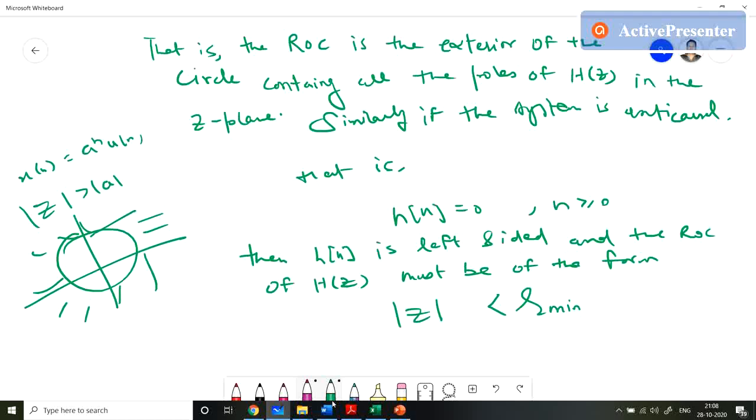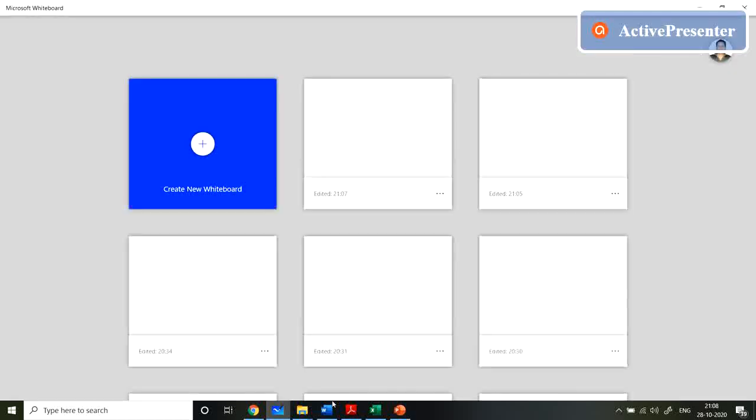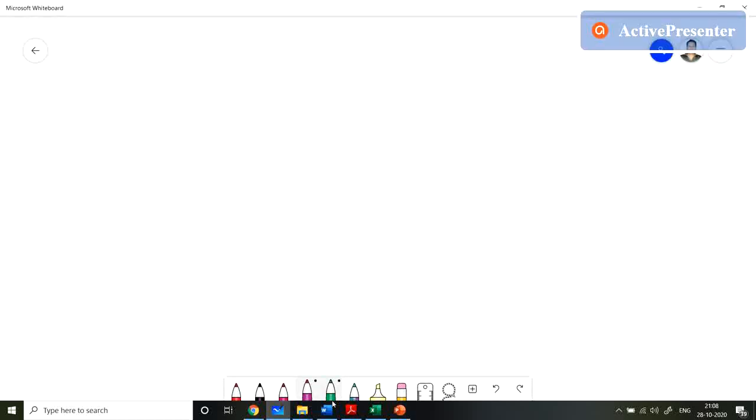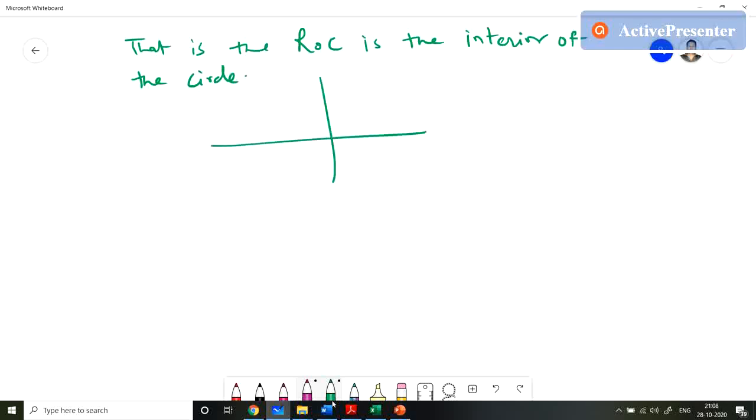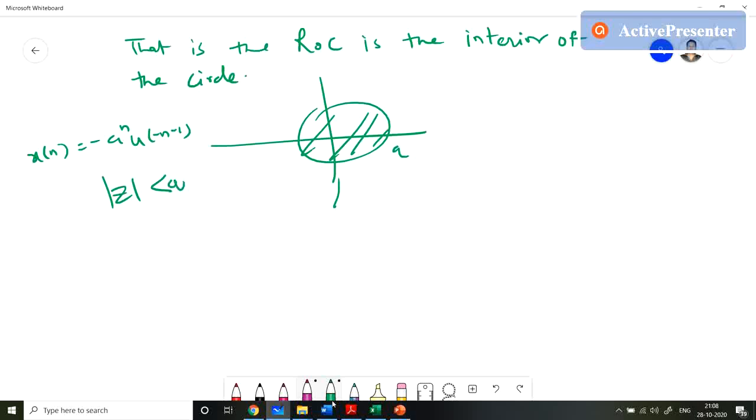So the ROC is the interior of a circle. Basically, if we have x(n) equal to minus a raised to the power n u(minus n minus 1), then the ROC is interior to the circle because it is modulus of z less than modulus of a.